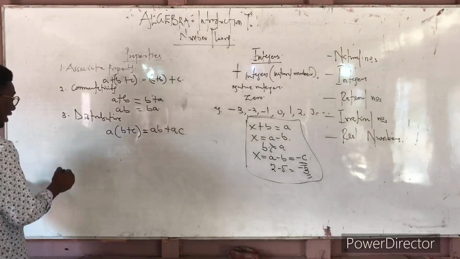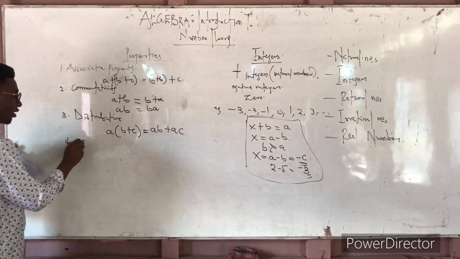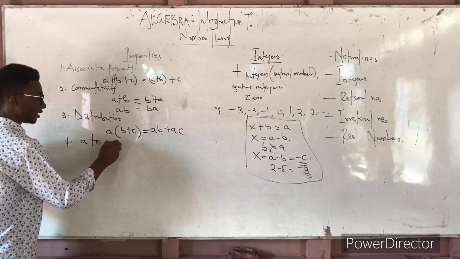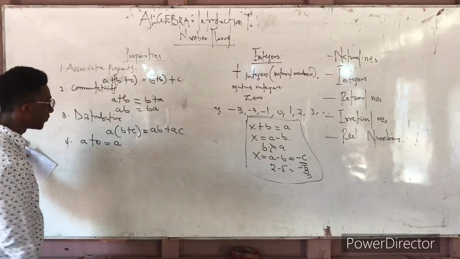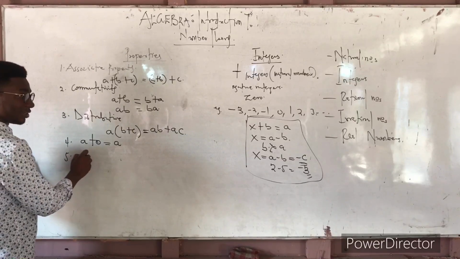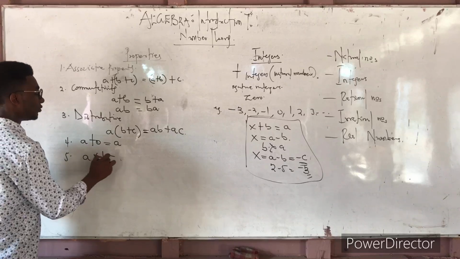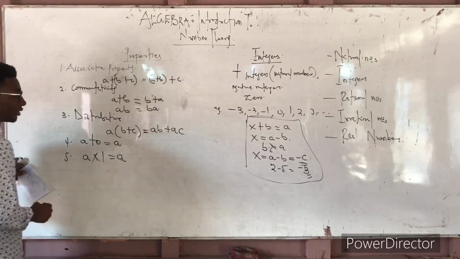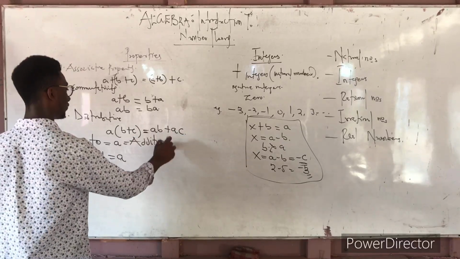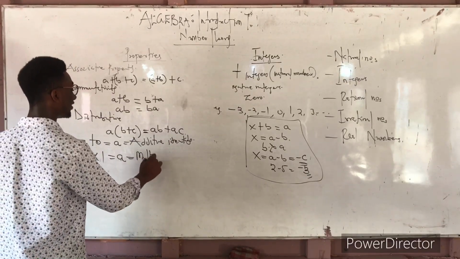There are other properties like the identity: if you have any integer plus 0, then you get the same integer. That becomes the additive identity. An integer multiplied by 1 should be the same number. This becomes the multiplicative identity.